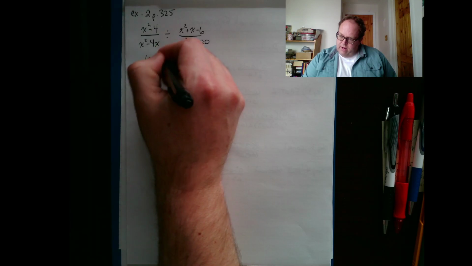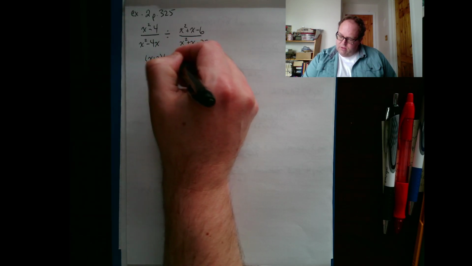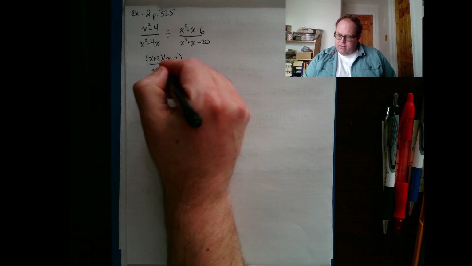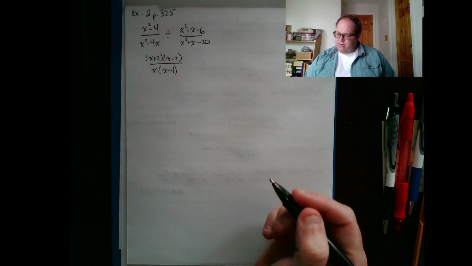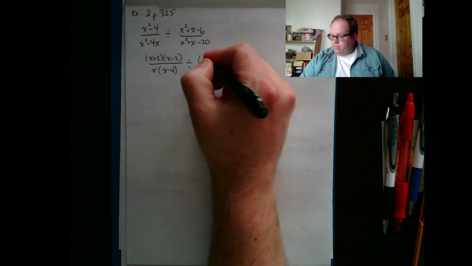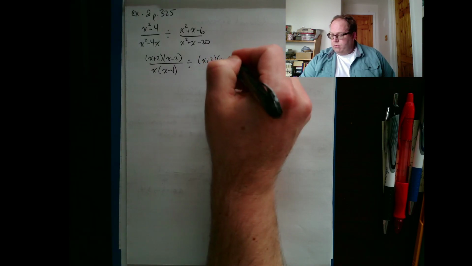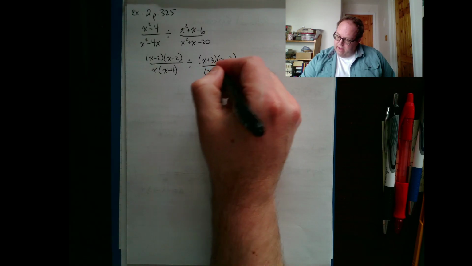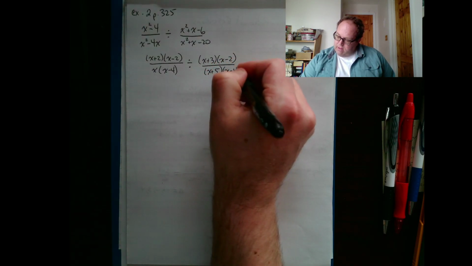The perfect square, x squared minus 4, becomes x plus 2 times x minus 2. In the x squared minus 4x, I can only factor out the x, divided by x plus 3 times x minus 2, all over x plus 5 times x minus 4.